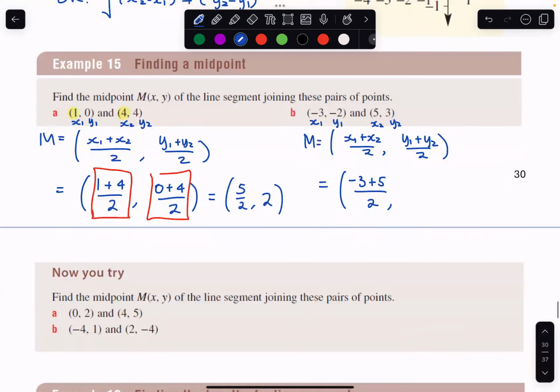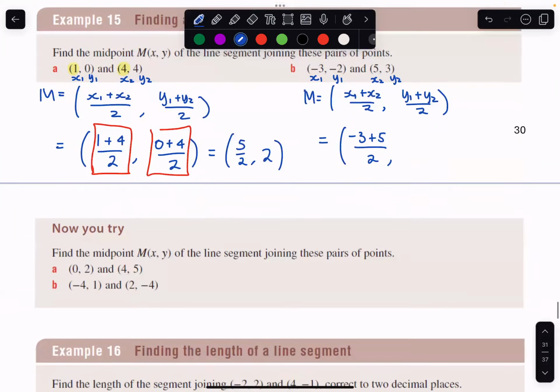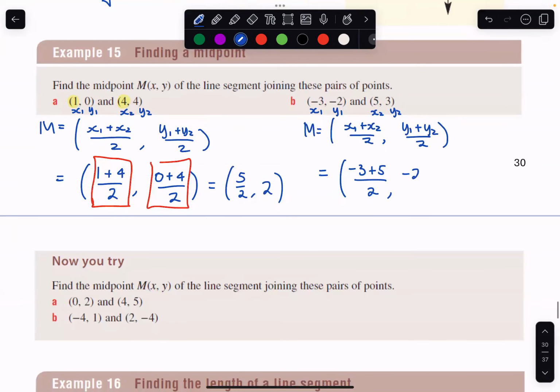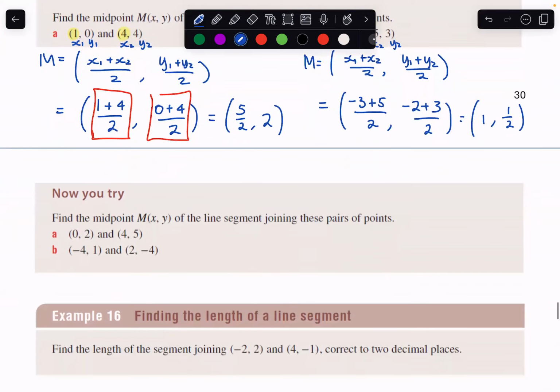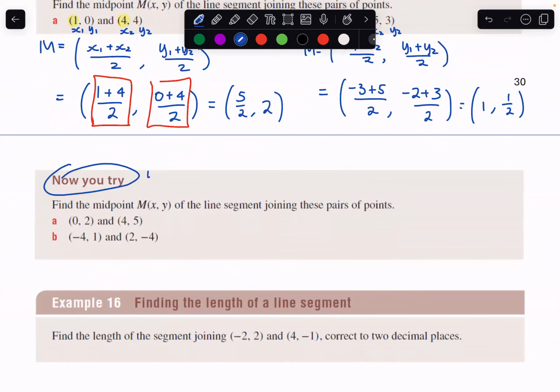And then y1, negative 2, plus 3 divided by 2. So first one, negative 3 plus 5 on 2. Put it into your calculator. That will be 1. And then the second one, negative 2 plus 3 divided by 2, which is 1 over 2. Okay, 1 on 2. Finish. So you can do the now you try later.